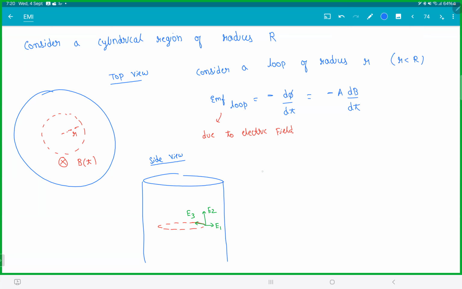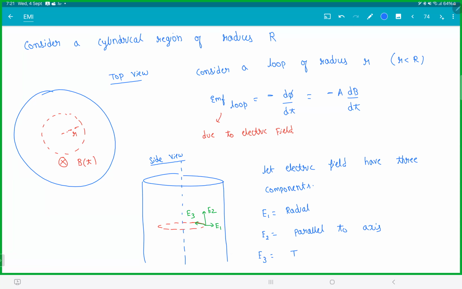Since you don't know which way it is, let it have three perpendicular components. First, E1 is in the radial direction away from the axis. E2 is along the axis. And E3 is tangential. Makes sense? So it could be one of them, it can be all of them, anything.